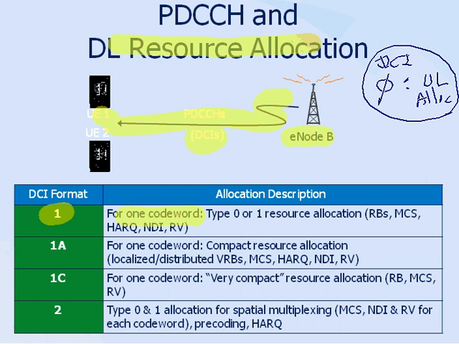If you want to do, let's say, spatial multiplexing, then you can use DCI format 2. And here, since we may be using 2 code words, we will have the modulation coding scheme specified potentially differently for different code words.